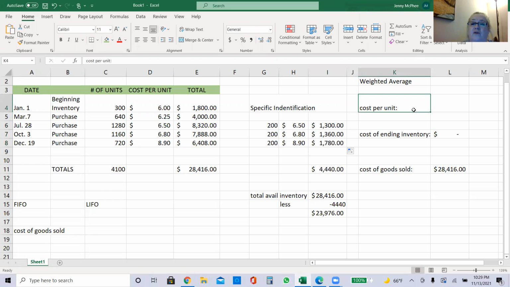Just around this corner. For weighted average, we have to figure out our cost per unit. How we're going to do that is we have our total of how much all the parts cost and how many parts there were.